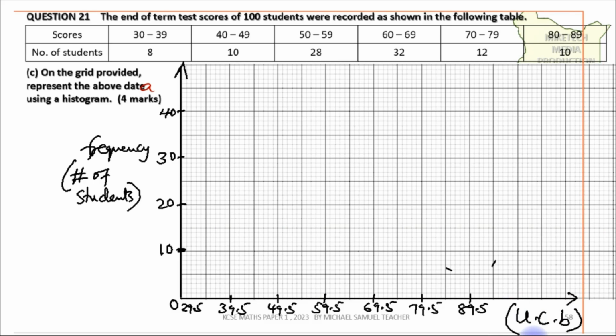Then the other thing is, now we need to plot. So between 29.5 and 39.5, the frequency is 8, and one small square represents 1 student.